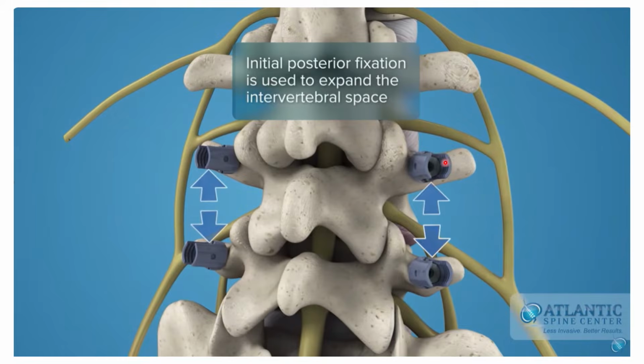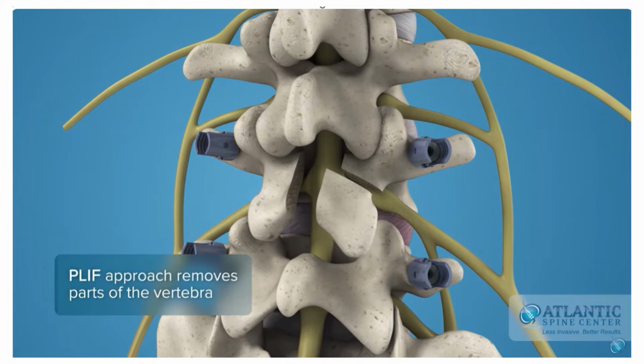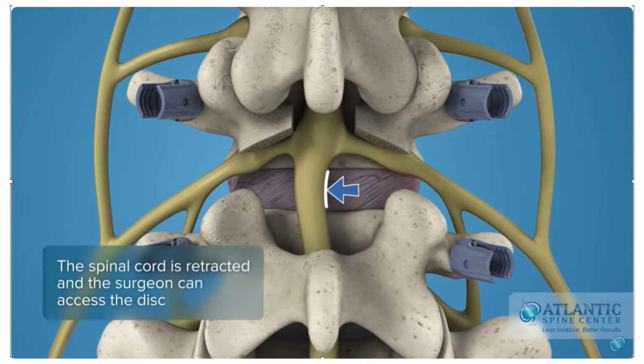And they're also going to attach these posterior fixations at the end, and you'll see it. Then parts of the vertebrae are removed, and you can see the lamina being removed. After they remove the lamina, they move the spinal cord over a little. And I tell you, that person better be asleep because that will be painful. Anytime you touch, the slightest touch to a nerve is painful. So they retract the spinal cord.